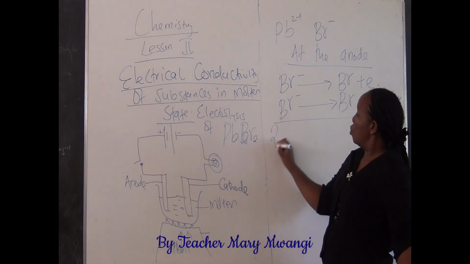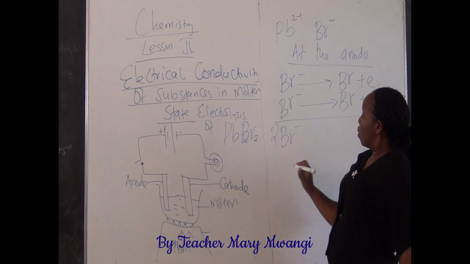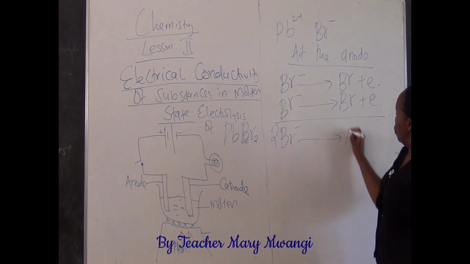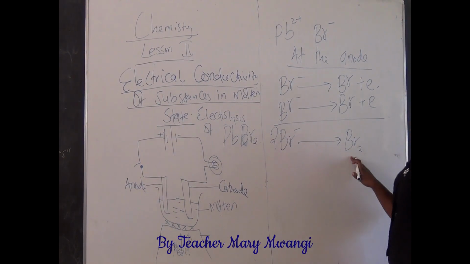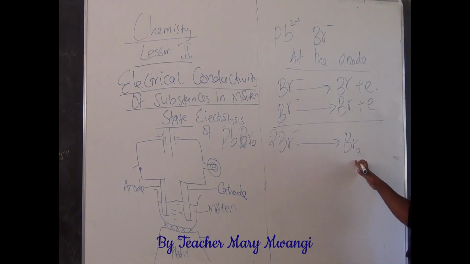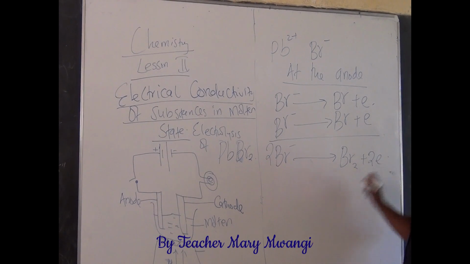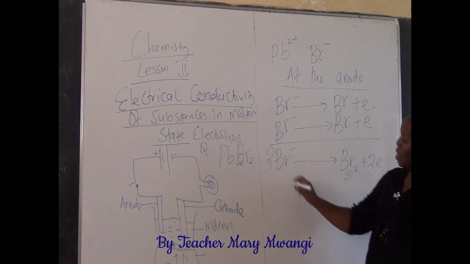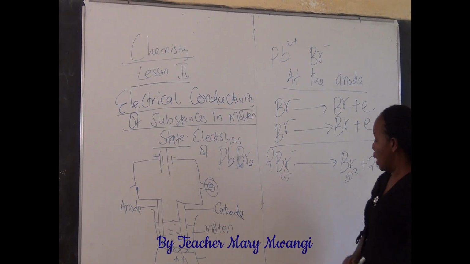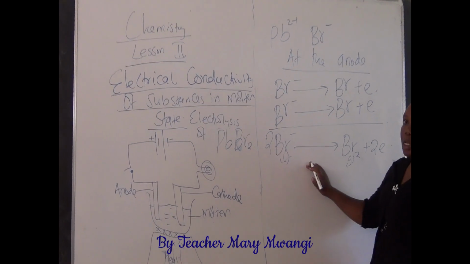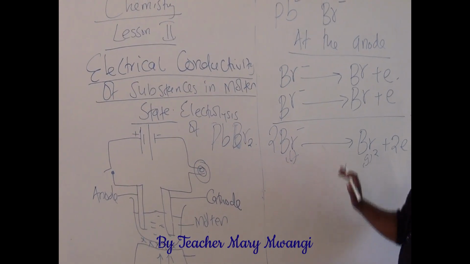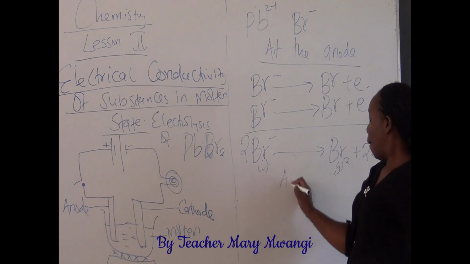So overall, we'll have 2 bromide ions giving out 2 electrons and 1 mole of bromine molecule. This is a gas. This is molten, so it is in liquid state. So this is what is happening at the anode.